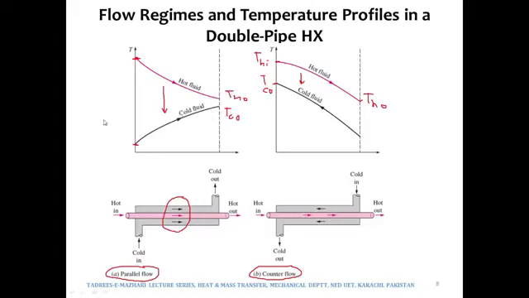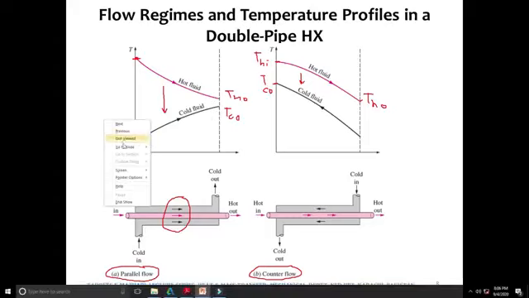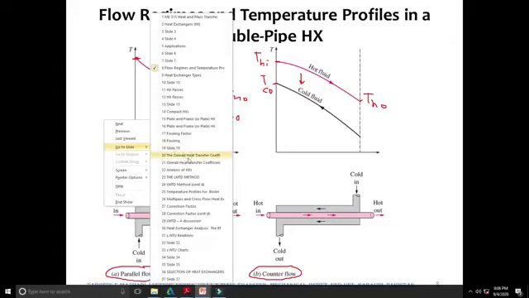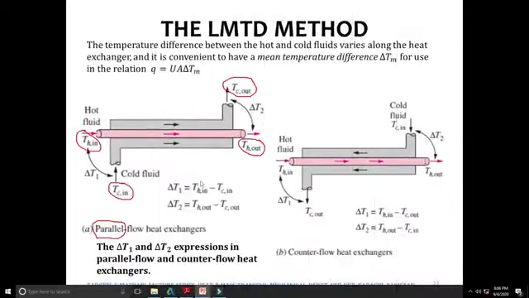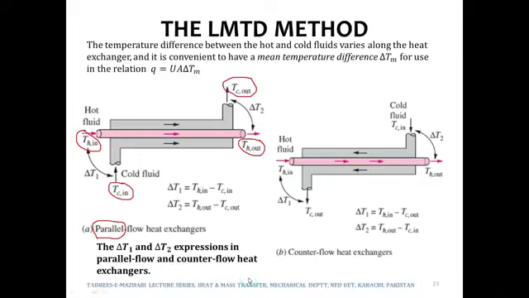So the temperature difference is not the same throughout. Therefore, just writing delta T will not be sufficient. We need to have some sort of mean temperature difference, and that mean temperature is taken as the log mean temperature difference.